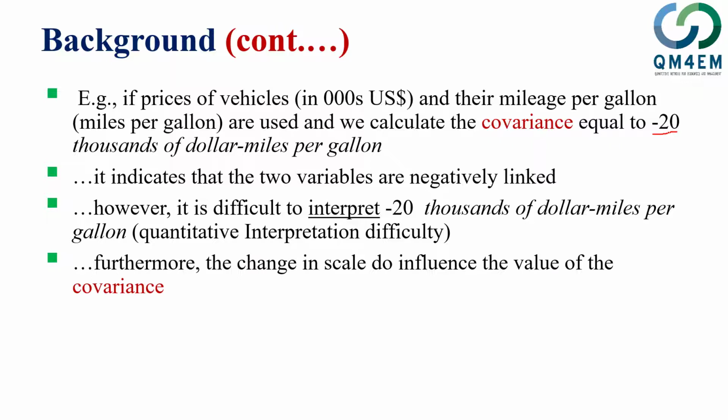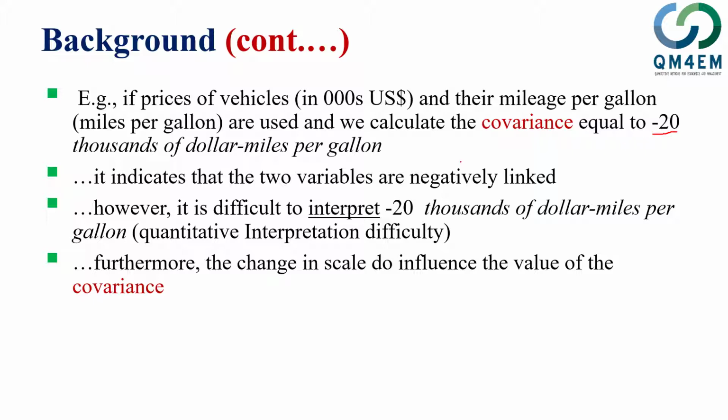Another problem with this measure is, for example, if I start measuring the vehicle price in original dollars instead of thousands of dollars, and similarly change miles per gallon to kilometers per gallon, this value changes.